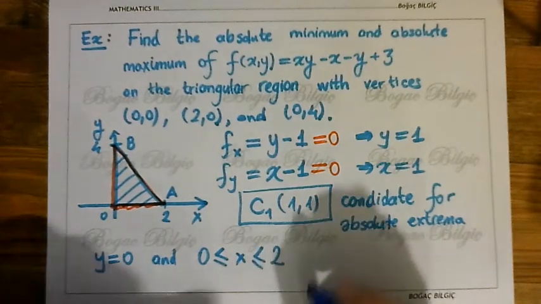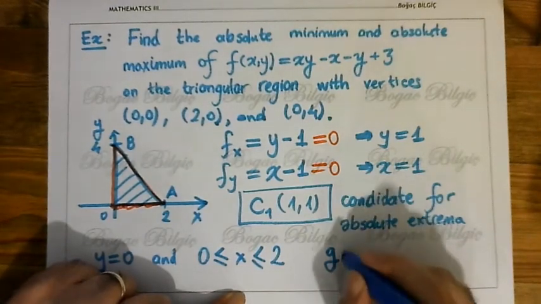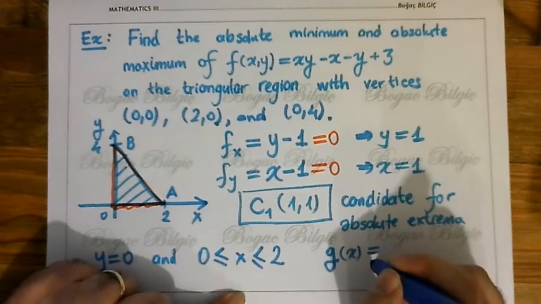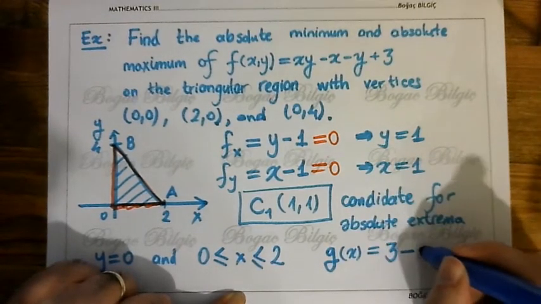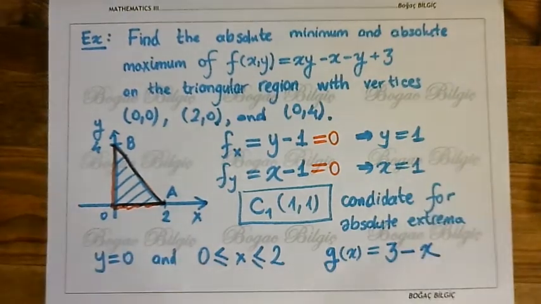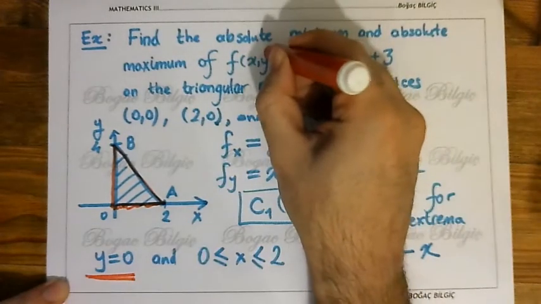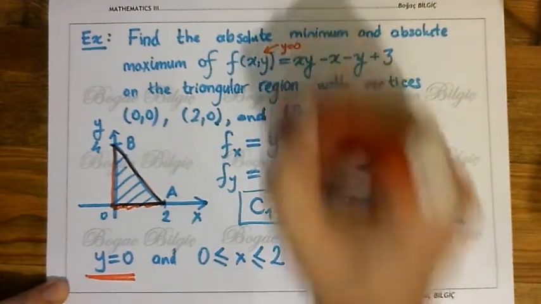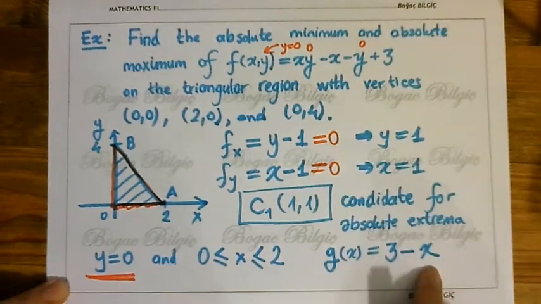Say g(x) is equal to 3 minus x, because y is equal to 0, and f(x, 0) is 3 minus x.